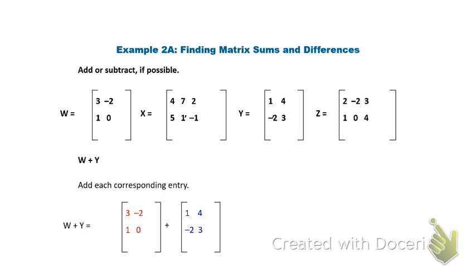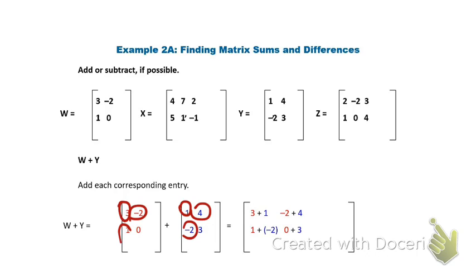So we bring down both of the matrices, and now we add the corresponding entries, and this is what we will end up with. So we have the 3 plus the 1 for 4. We have the negative 2 plus the 4. We have the 1 plus the negative 2.